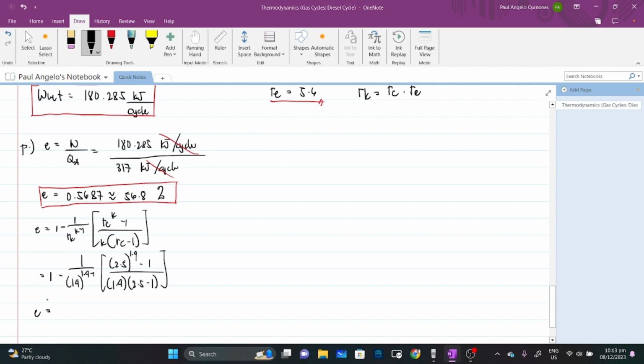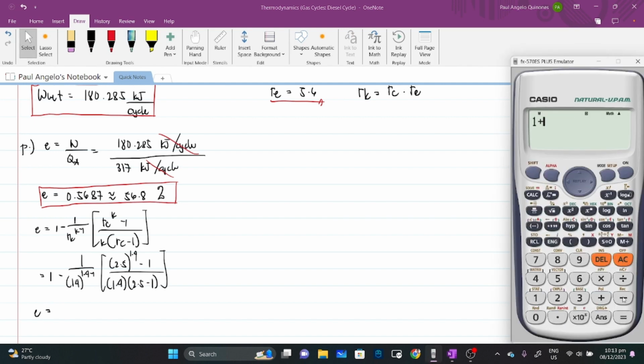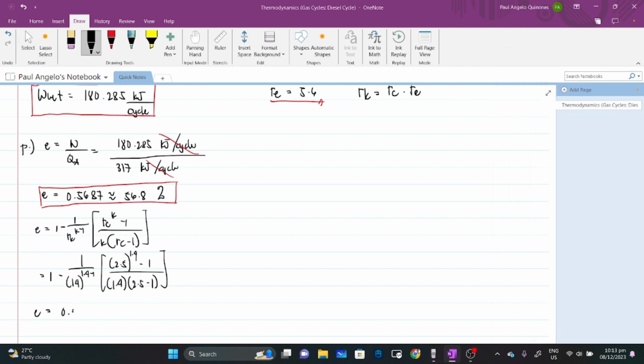If you input that in our calculator, we have 1 minus 1 over 14 raised to 1.4 minus 1, then 2.5 raised to 1.4 minus 1 divided by 1.4 times 2.5 minus 1, then equals 0.568, or approximately 56.8%.